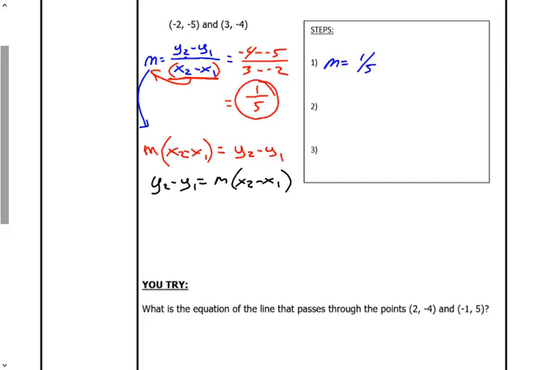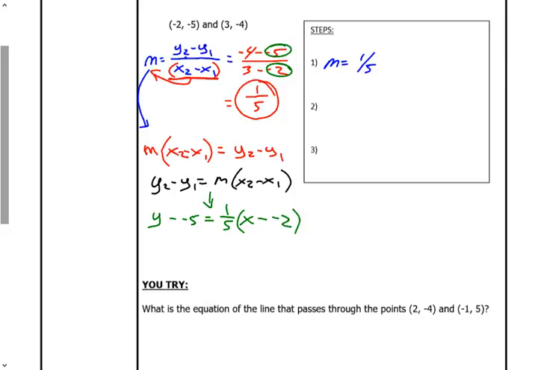So why do I like it? Because now I'm just about done. I'm not going to plug anything in for that y2, but I am going to use y1. And I already found that y1 right here was -5. I know my slope. And my x1 right there is -2.